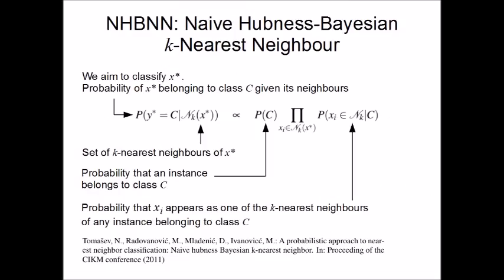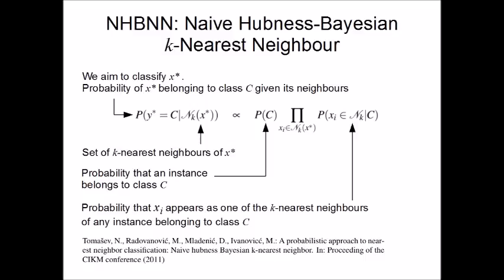Here we can see a more general description of the naive Hubness-Bayesian k-nearest neighbor classifier. While we are classifying a new instance, we want to assess the probability of this instance belonging to the different classes. And this probability is estimated as a product.